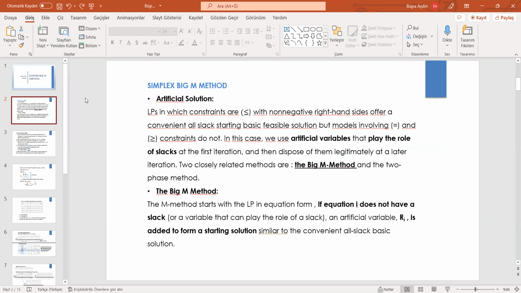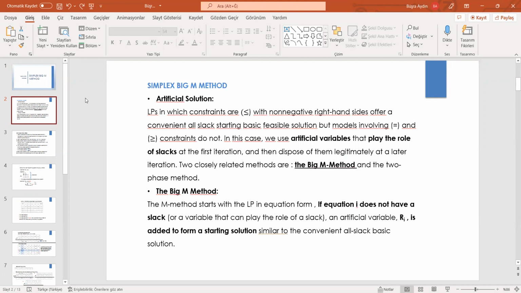LPs in which constraints are less than or equal to sign with non-negative right-hand sides offer a convenient all-slack starting basic feasible solution, but models involving equal and greater or equal to constraints do not. In this case, we use artificial variables that play the role of slacks at the first iteration and then dispose of them legitimately at a later iteration.